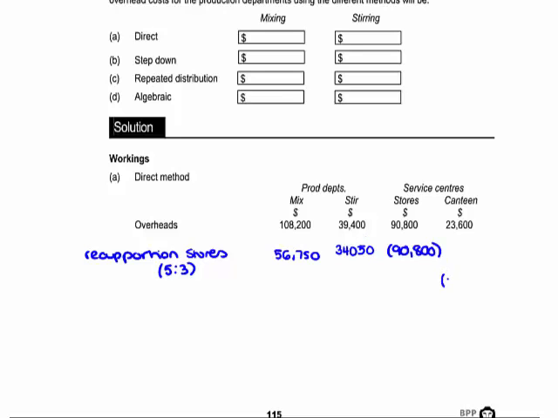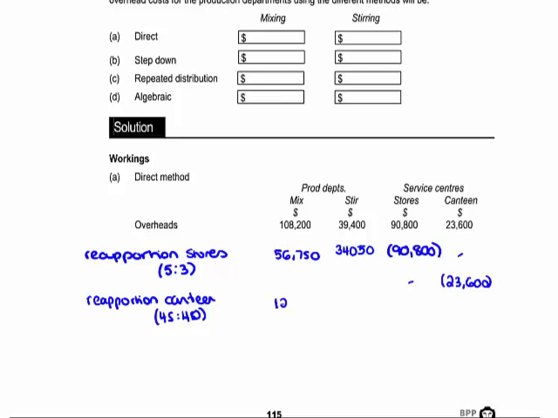Next then I need to apportion the canteen costs. Again, I'm going to ignore the stores, and I'm going to do it on the basis of the work done. So 45 for the mixing and 40 for the stirring. So 45 out of 80, just over half, is going to go to the mixing department.